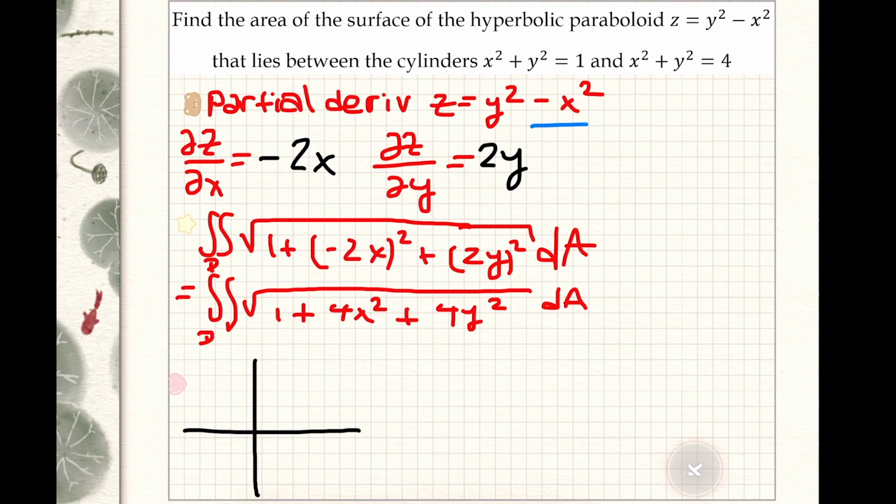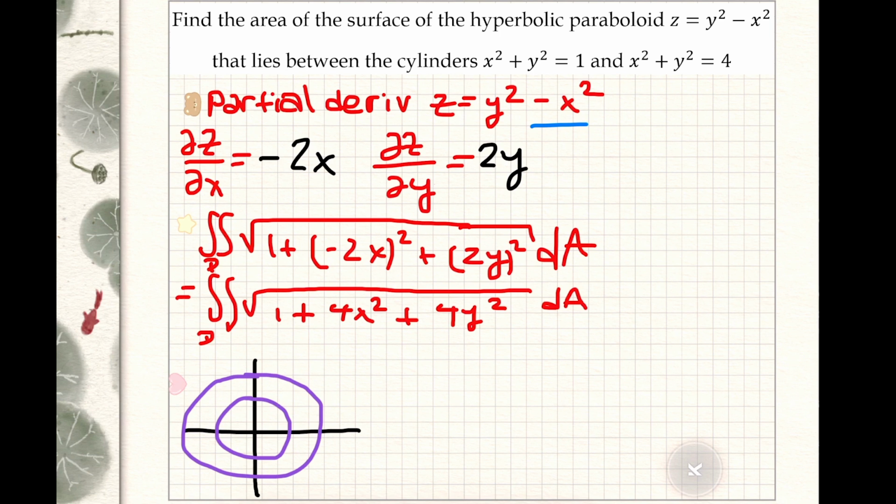That simply is a circle, right? And the second one, it's another circle, x squared plus y squared equals 4. Therefore, the region we're truly caring about is what's in between those circles. All of this. Not the inside and not the outside.